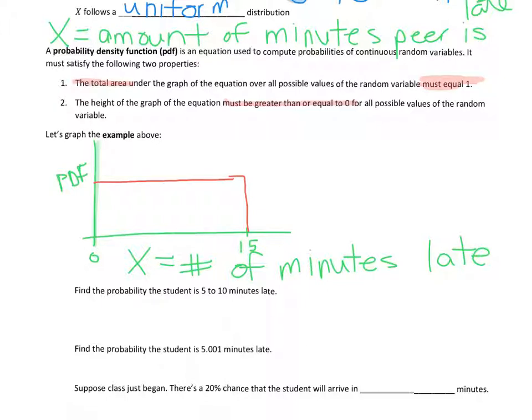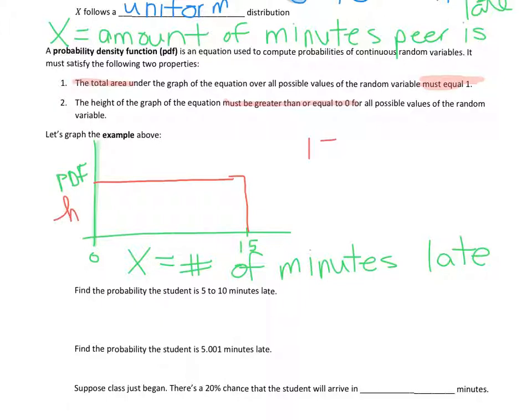So let's focus on that first part of a probability density function. The total area has to be equal to 1. The length, 0 to 15, is 15, and we have to essentially figure out the height of this rectangle.